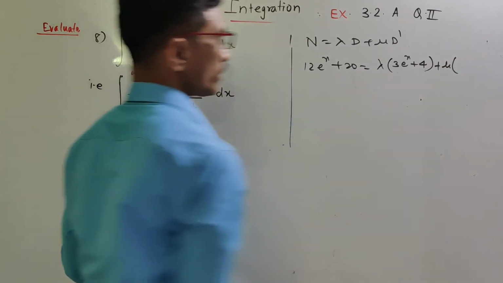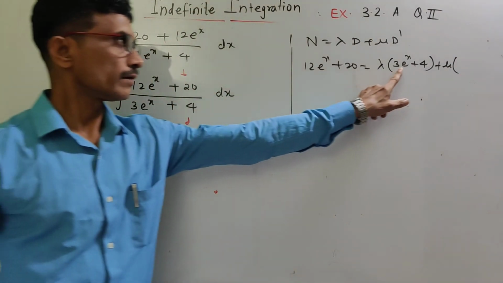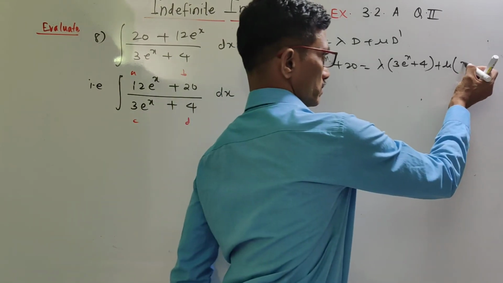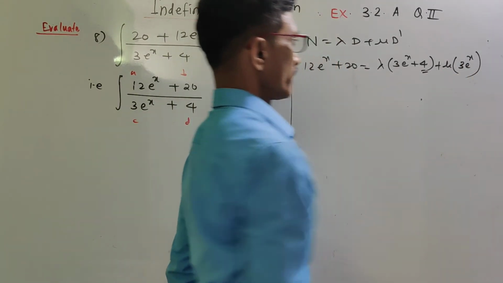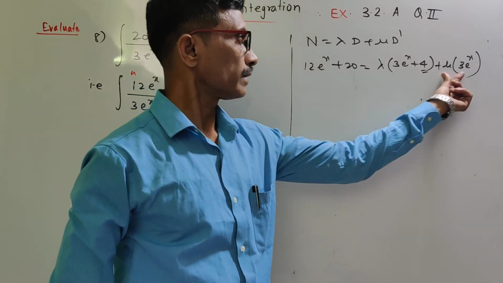The derivative is 3 e raised to power x, and the constant has derivative 0.